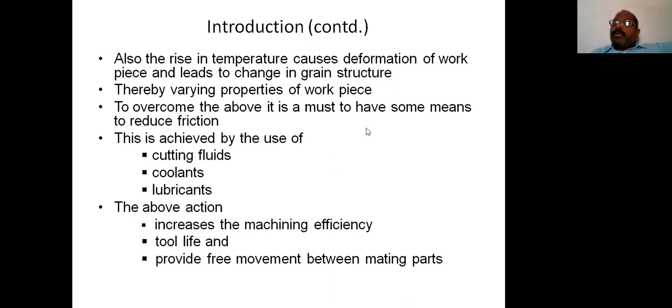Next, for the milling machine also we have various mating elements. With this, today's class is completed.